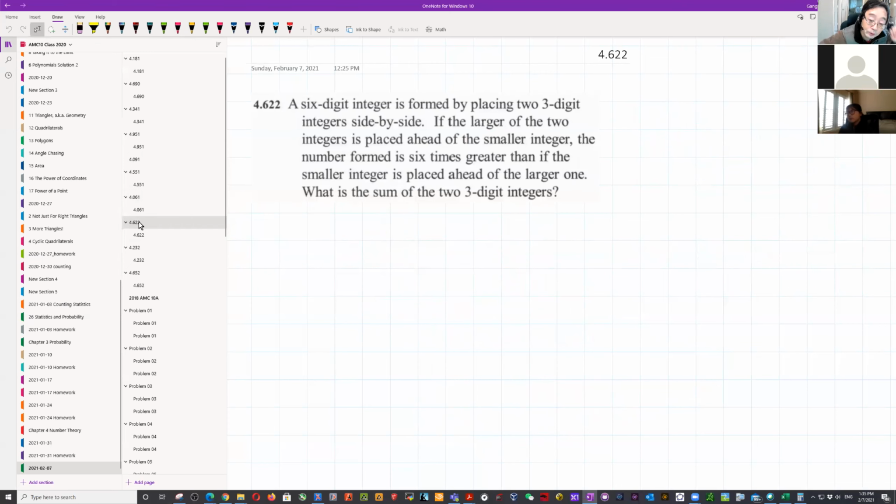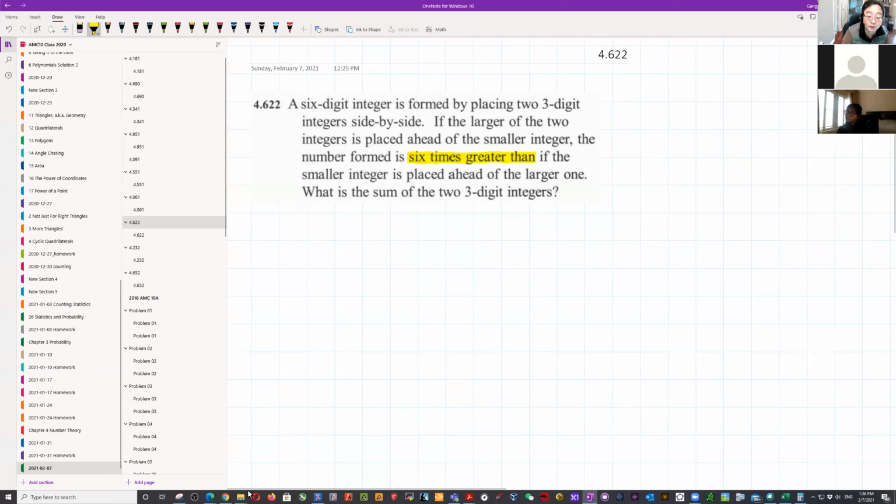And this next one is actually a trick problem, and we will try to do it in 2 different ways. What you are looking for is that the number formed is 6 times greater than the number if the larger one is placed ahead of it.